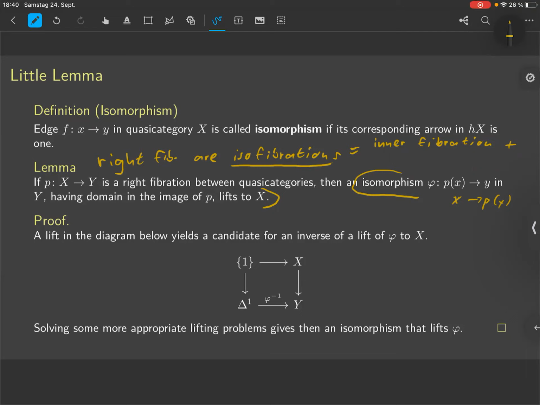When we have this diagram here, then phi minus 1, which is an isomorphism, so we can form the inverse, shall have a lift by definition of the right fibration.